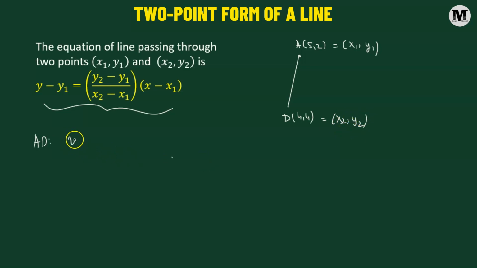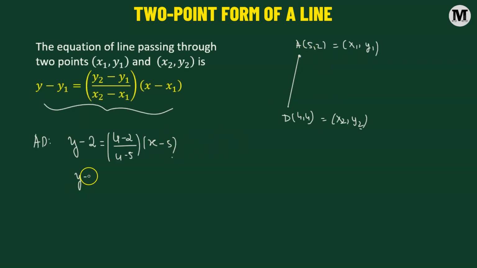So our equation will be y minus y1, where y1 is the y coordinate of A, equals y2 minus y1, that means 4 minus 2 in the numerator, divided by x2 minus x1, that's 4 minus 5, multiplied by x minus x1, where x1 is 5.